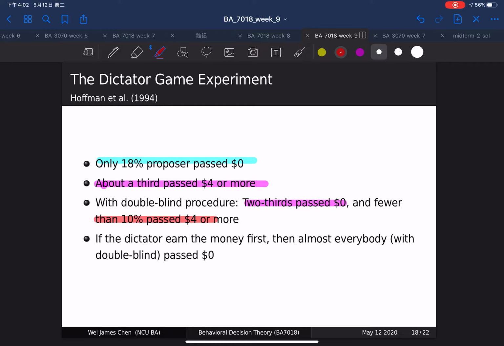He will keep everything. He will basically pass 0. But this is still only true with double blind. If you don't use double blind, people think that you don't want to look bad, basically.